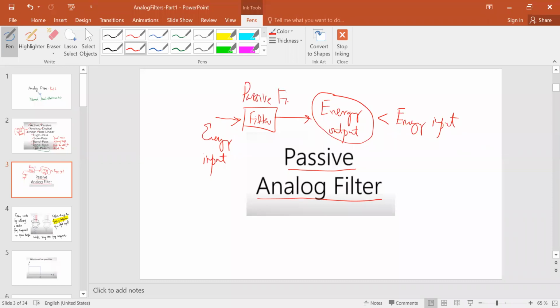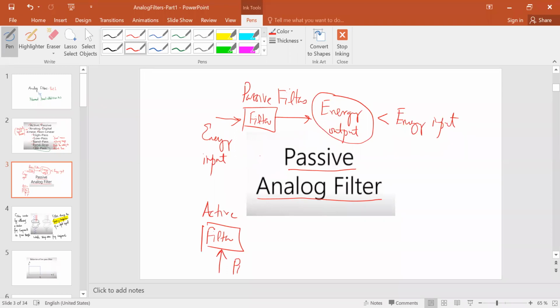But there are some active filters like operational amplifiers. They have their own power supply. Because of that, it may be possible that you get a signal at the output that has more energy than the input, just because you are feeding power. In case of active filters, if it is a filter and that is active, then it means that you are feeding power to it.